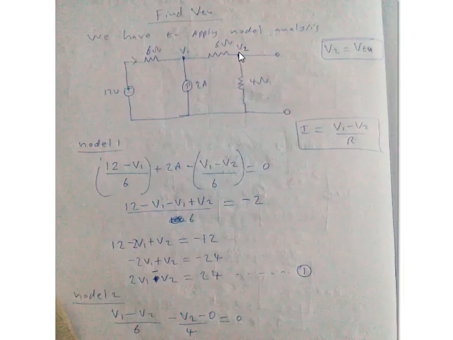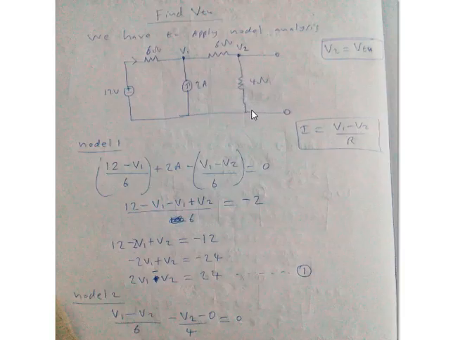Then from V2, you can see there is a line to this side and there is a line to this side also. But here it is open circuit, so nothing is over here, and that means this is negligible. But here you can see it is going to this side.